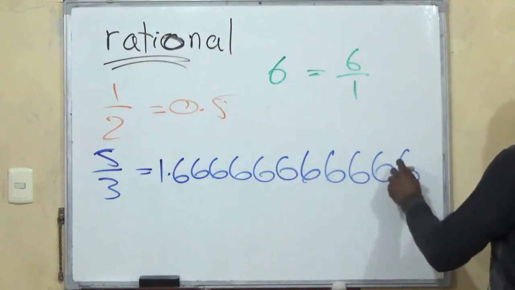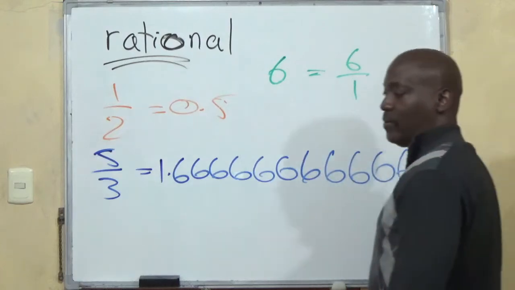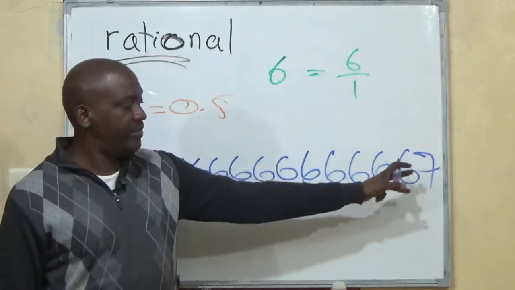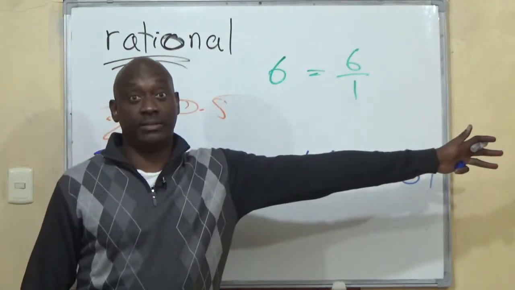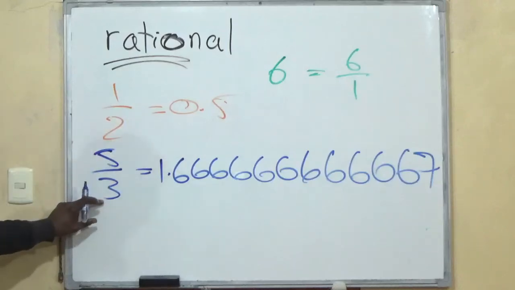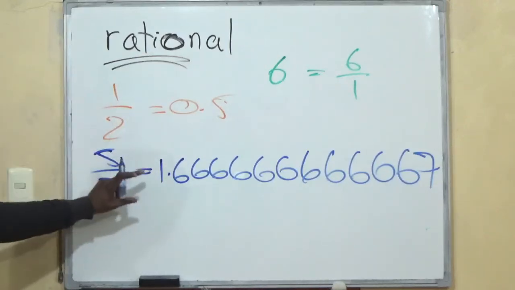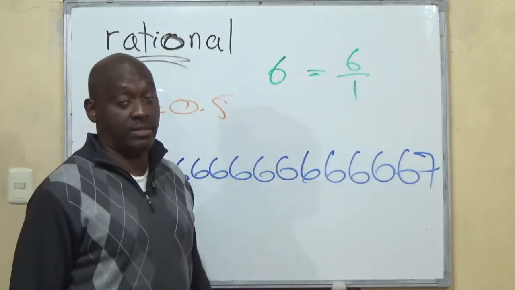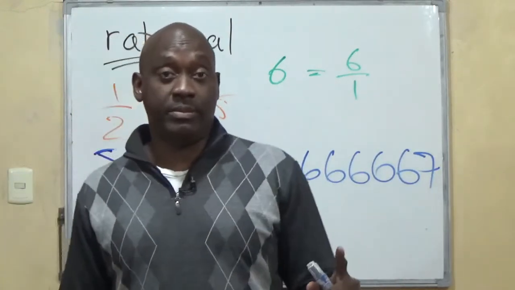So as much space as we have on the board, we will use to express the decimal, and we put 7 at the end. If the board was wider, we'd still be going with 6s. Right? So whether the fraction is proper or not, if the decimal is never ending, then it still is an irrational number.